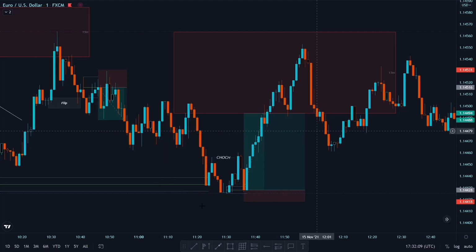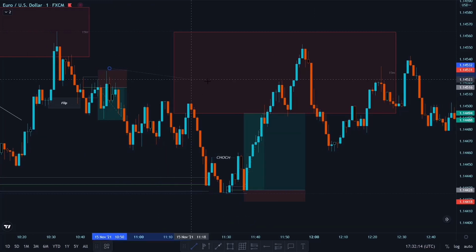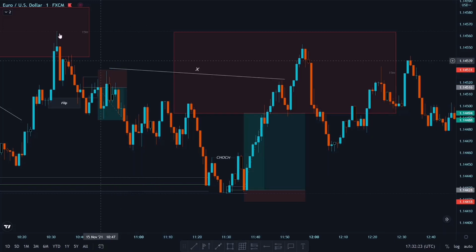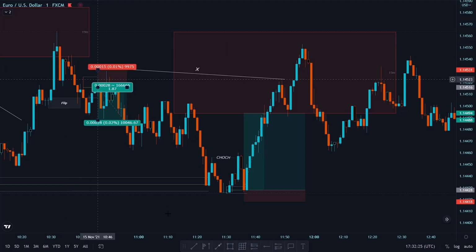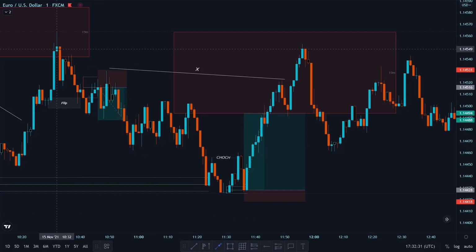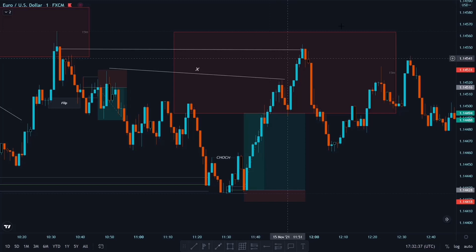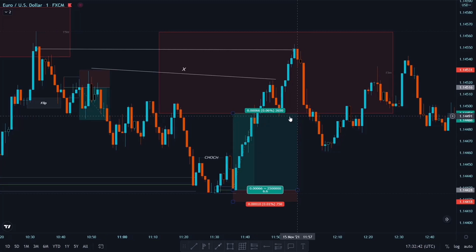As we can see, we swept all of this liquidity, call highs, and we get a mitigation to this candle, and we get a mitigation to this candle. We get a mitigation here. After this mitigation, we again break structure to the downside.